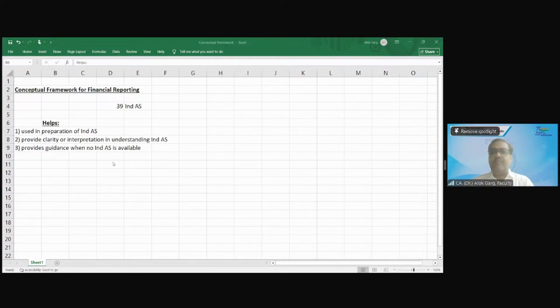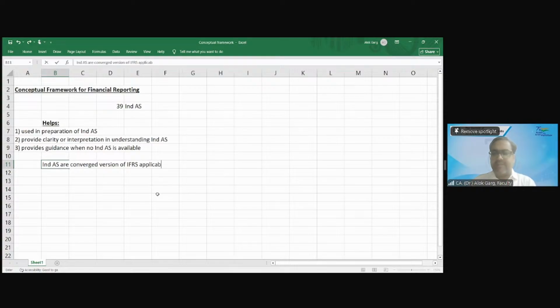Okay, now let's move on. Friends, I hope you are clear on the conceptual framework for financial reporting. As you are all aware, our Ind AS are the converged version of IFRS applicable to India.